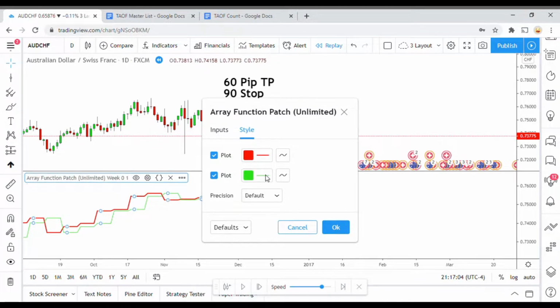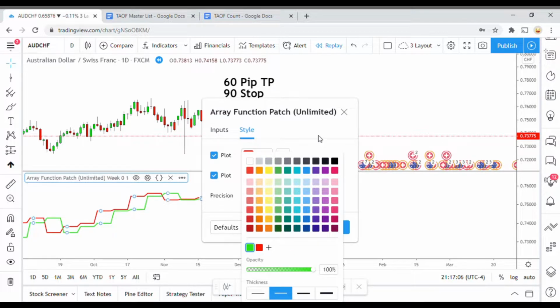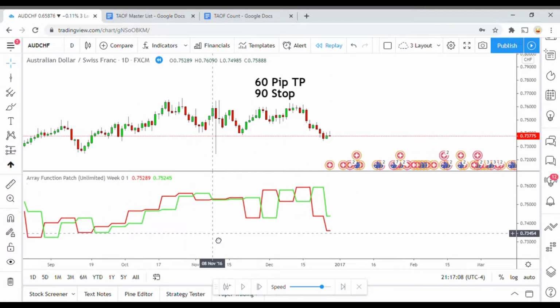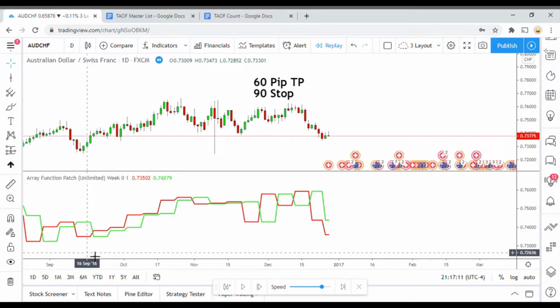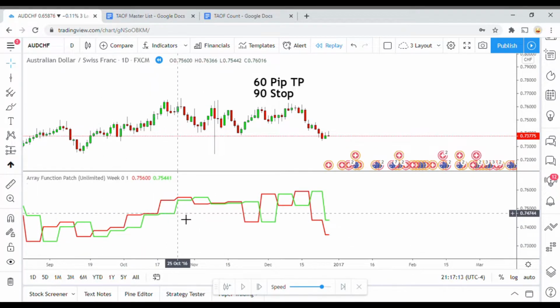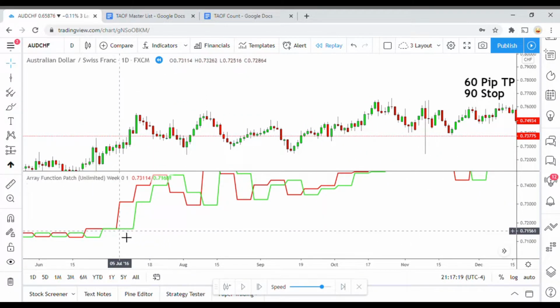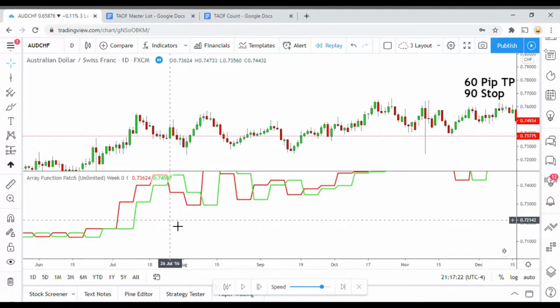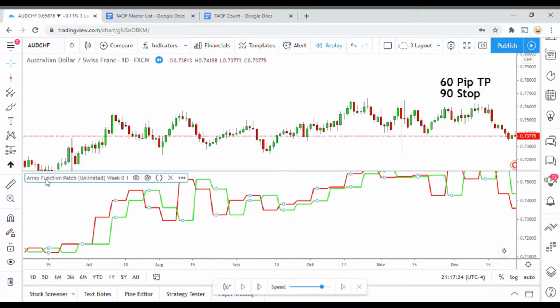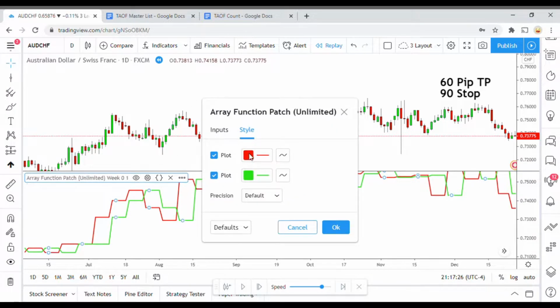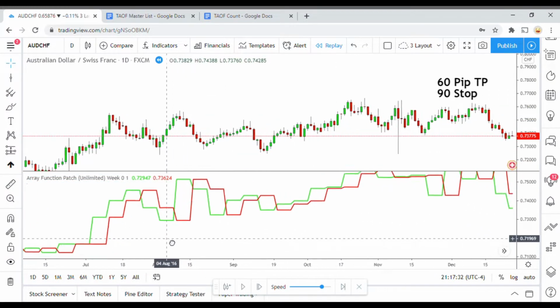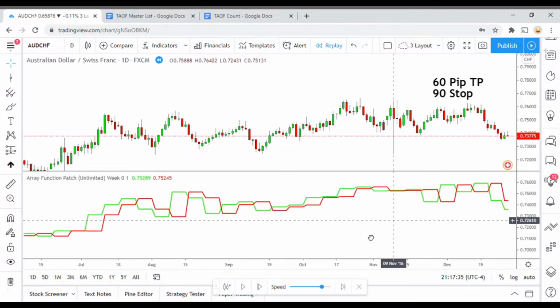I'm going to do this to what was the blue. Okay, there we go. So that seems to work a little bit better. So I might have actually reversed those. So there, that's a short. Yeah, let me actually reverse these two. So this will be a green and that will be a red. So let's do that. All right.